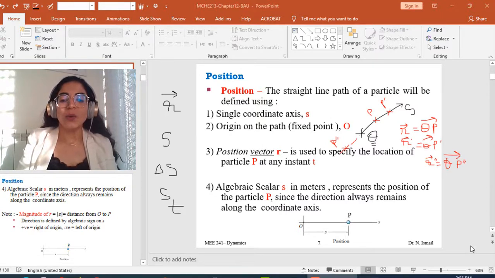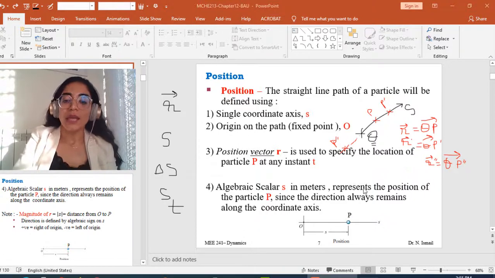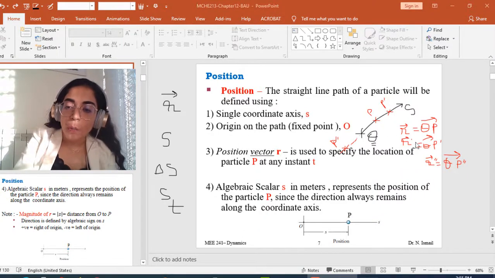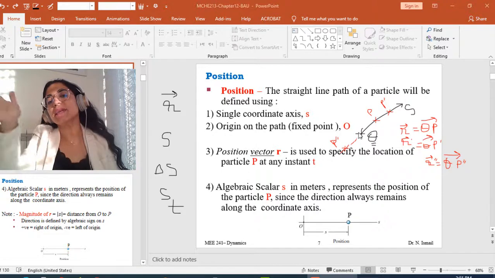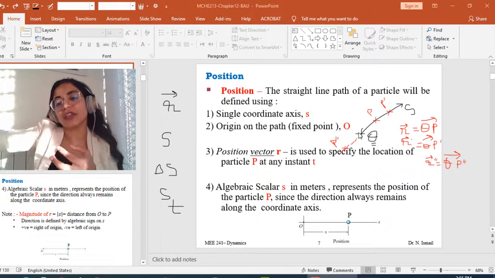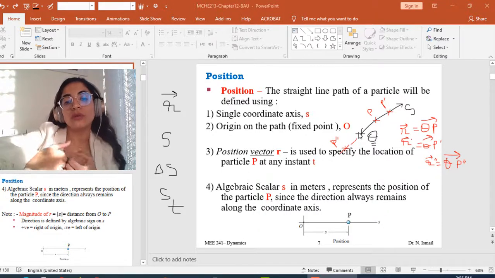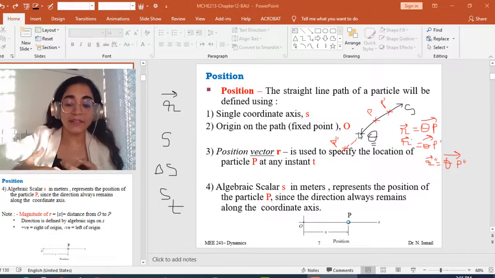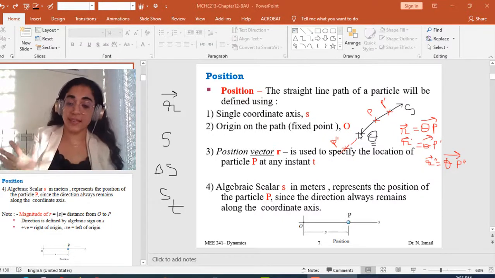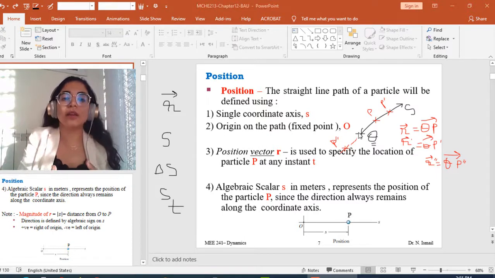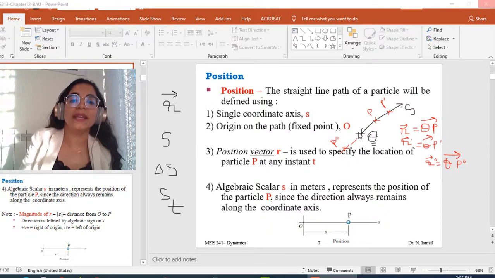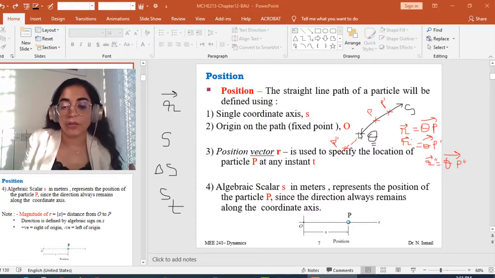Now, what about the sign of this vector? Is it positive or negative? In fact, guys, if this OP has the same sense or the same direction, which is here to the right of O, the same direction as S, then it should have a positive value, or it should be a positive vector.